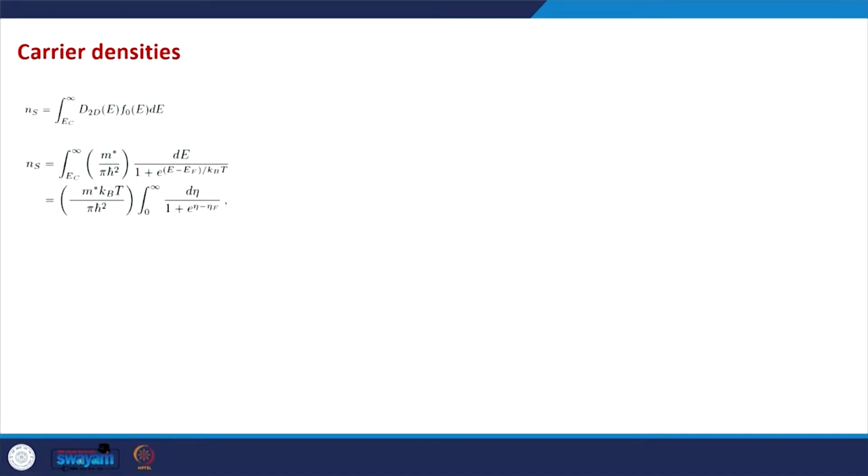Now we come to an important idea, which is the carrier density, or number of charge carriers in the channel, in the Landauer transport model.